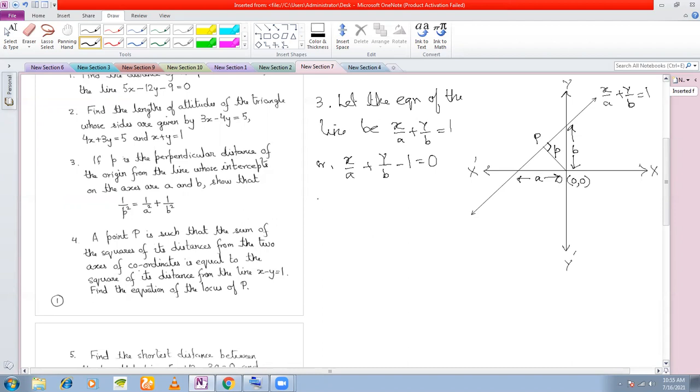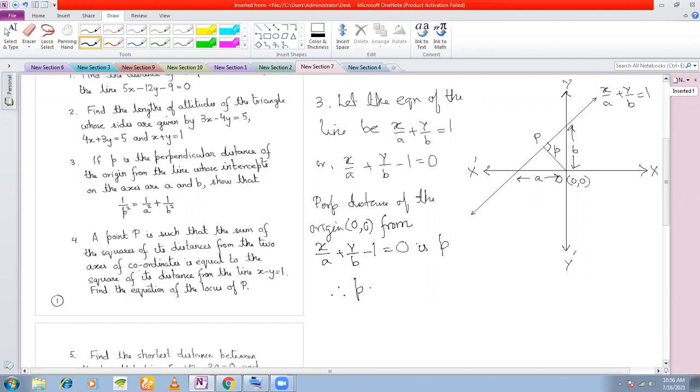So perpendicular distance of the origin, let's write the coordinates of the origin also, from x by a plus y by b minus 1 equal to 0 is p.